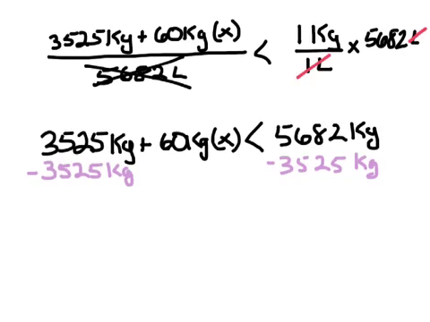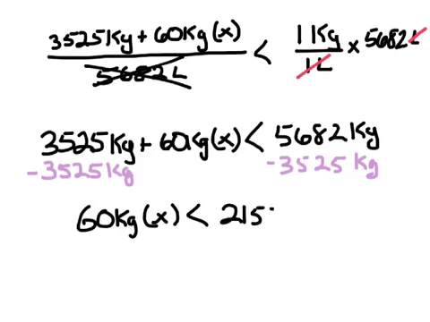All right, so we're now going to write our new expression, which is going to be 60 kilograms times x is less than 5,682 minus 3,525, which is 2157 kilograms. Ooh, we're getting close now.